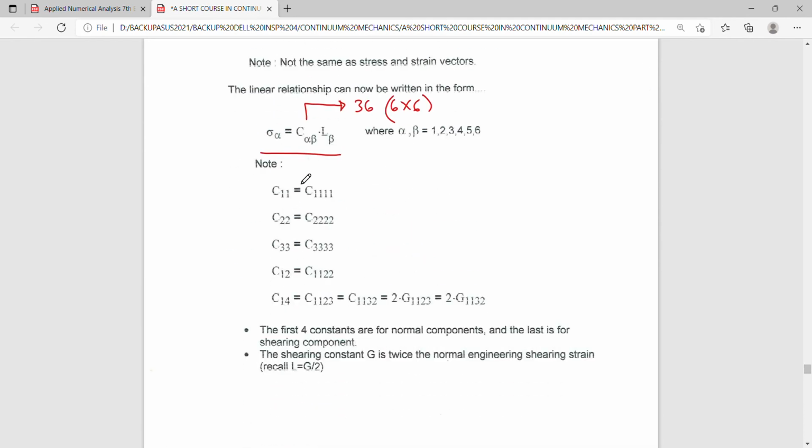Okay, note that your C11, if you are referring to alpha beta, is equal to C1111, C22 is C2222, C33 is C3333, C12 is C1122, C14 is C1123. Paano nakuha to?